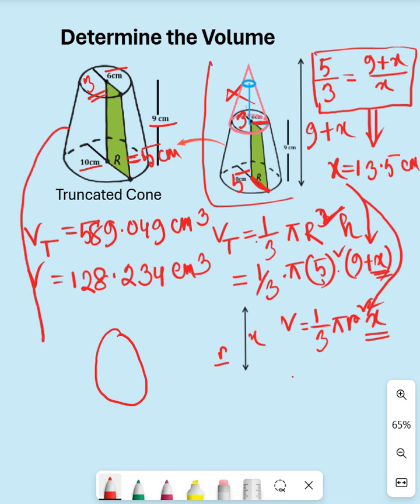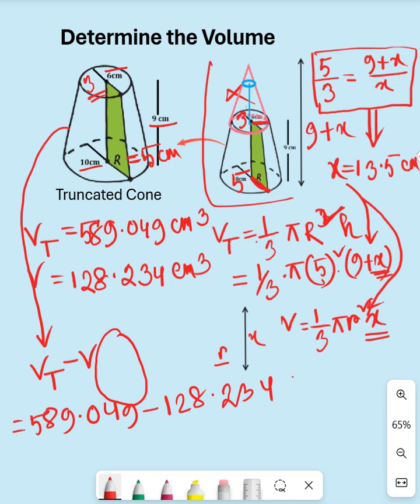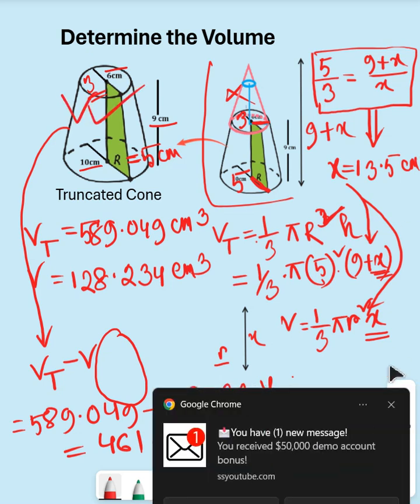So the truncated part will be Vt minus V. So Vt is 589.049 minus 128.234 centimeter cubed. So the final result will be 461.815 centimeter cubed. So this is the volume of the truncated portion.